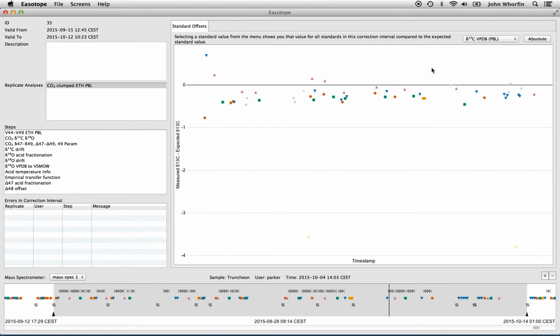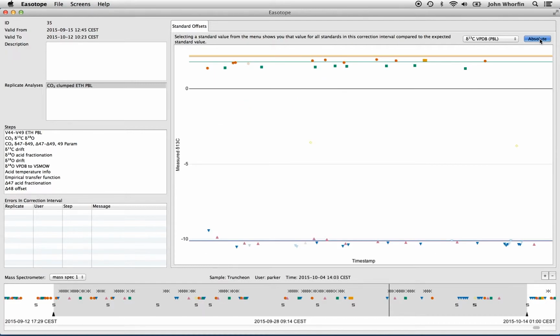It may be easier to explain this by clicking the absolute button though. So if I click in absolute mode, if I put the window in absolute mode, you can see the green line and the red line, yellow lines. These lines are the lines where a particular standard should be measuring for carbon, 13 carbon.